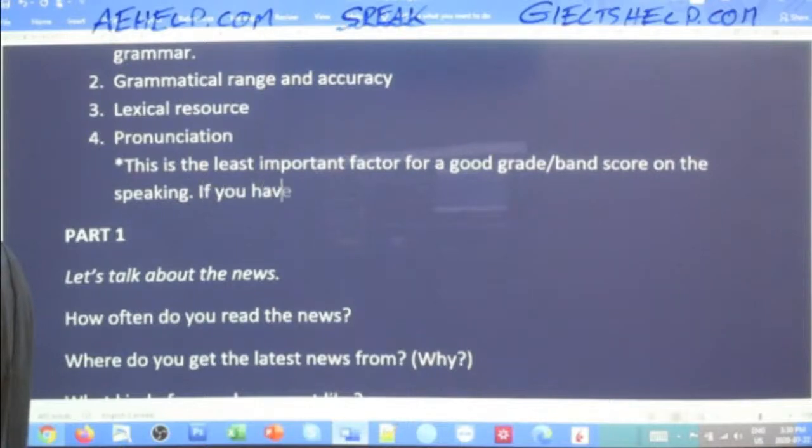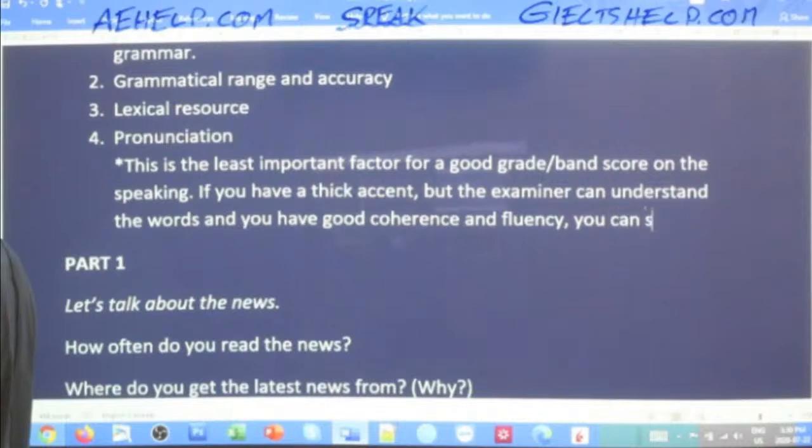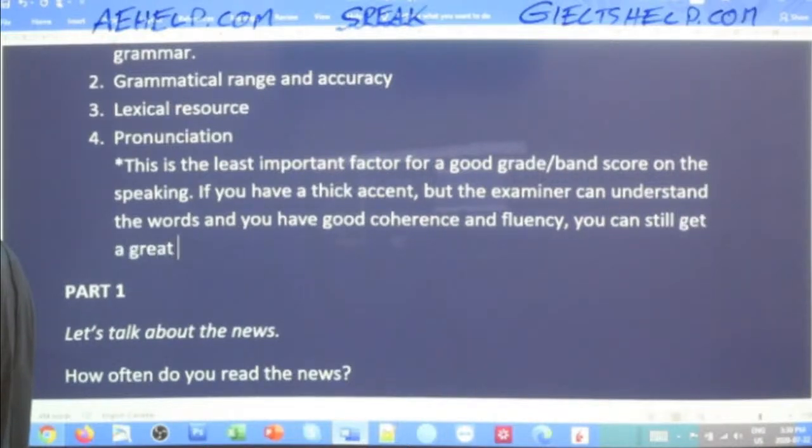If you have what's called a thick accent, but the examiner can understand the words and you have good coherence and fluency, you can still get a great band score, like band 8.